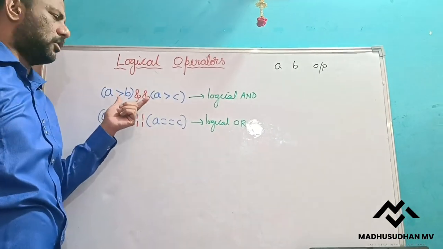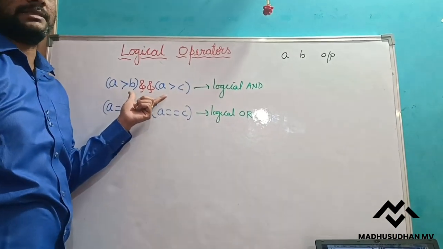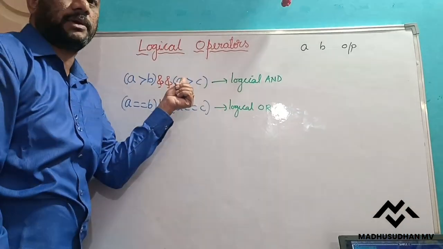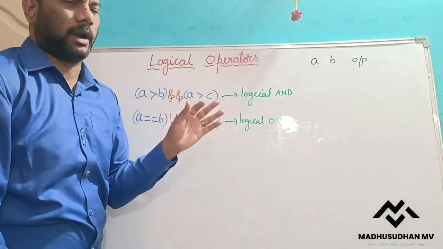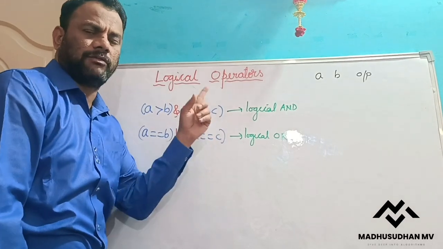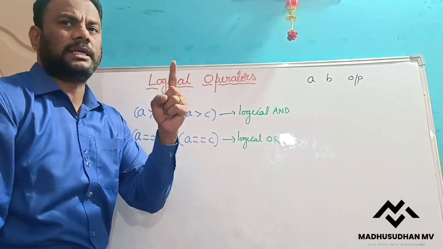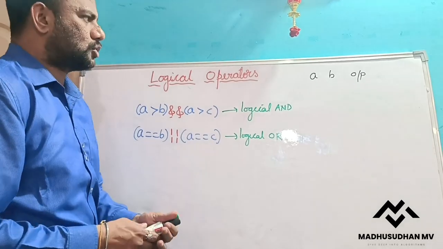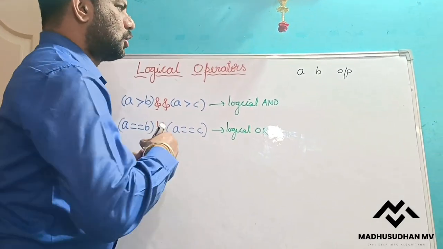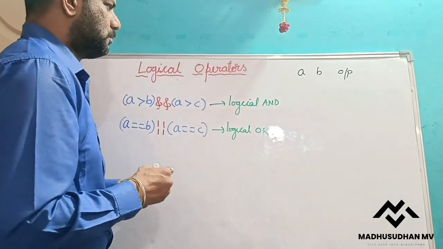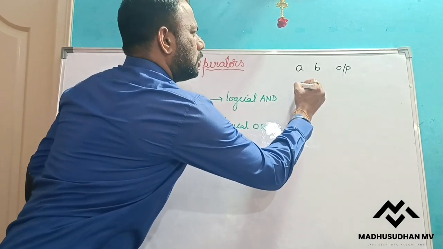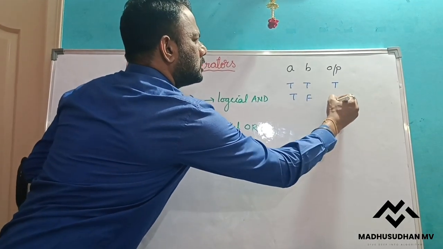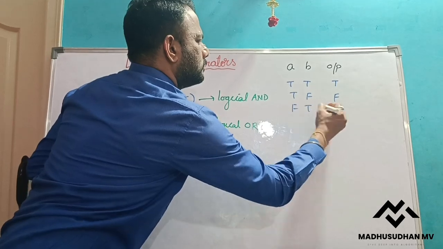I explained that the comparison operators, also called relational operators, give an output of either 0 or 1. If the condition is true, it will be replaced by 1. If the condition is false, it will be replaced by 0. We already discussed that. So if both are true, then only the output is true. If any one is false, the output is false.